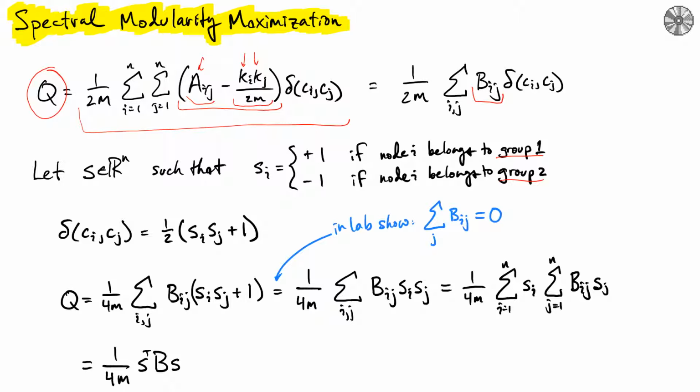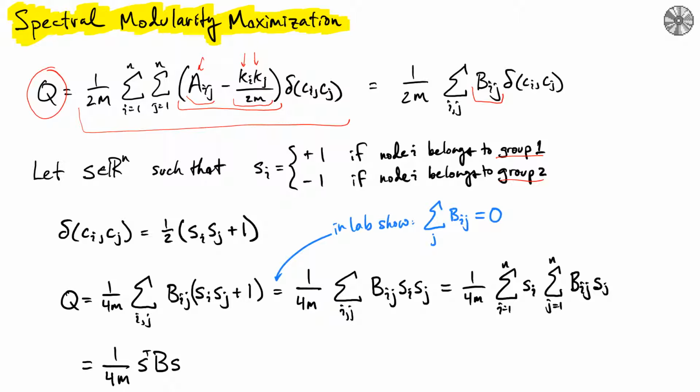Oftentimes, you can read about this in the textbook, if we expect that we have multiple types, then typically most methods are binary methods. So they essentially find two groups, and then you can run the same method again on one of the groups to bisect that in half. So we're going to consider just two types.